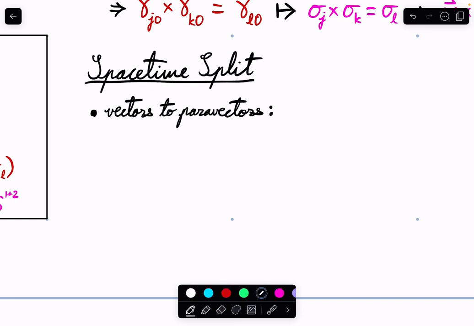Let me just do this for clarity. And then here you get bivectors to biparavectors.